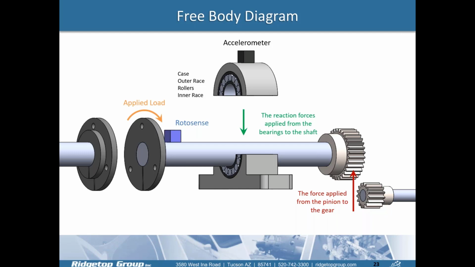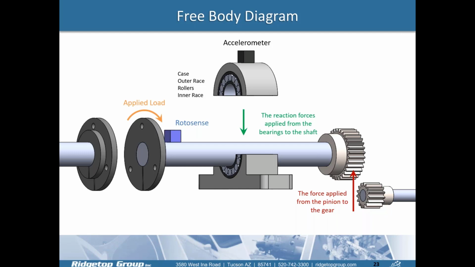Now, this force is coming from the bearing to the shaft, and when there is this force on the bearing, there is deformation on the bearing as well. This is why in most of the studies that you have seen, they mount the accelerometer on top of the bearing, because the accelerometer is measuring the deformation of the bearing because of this force.